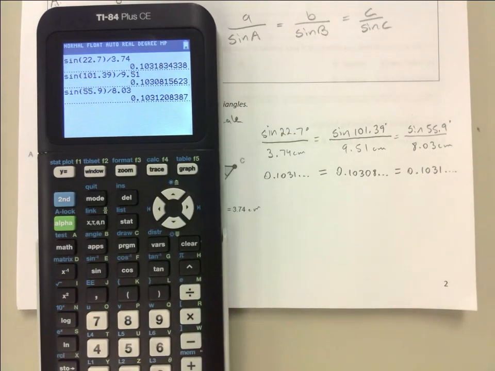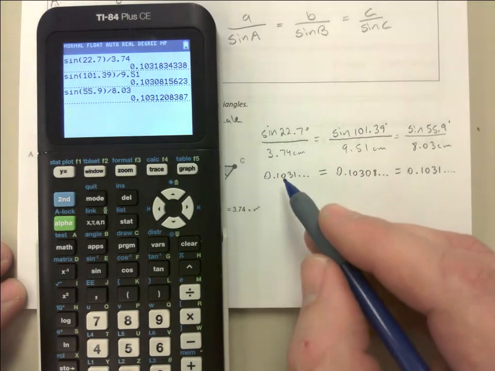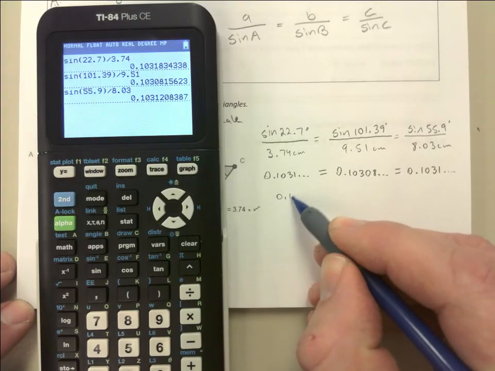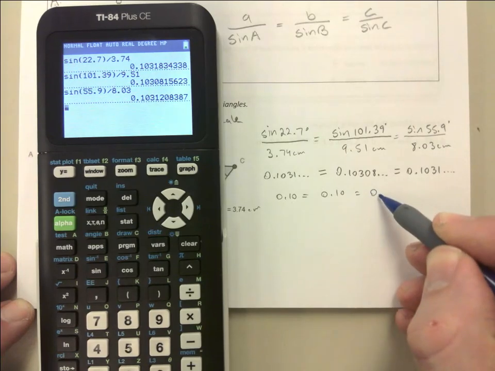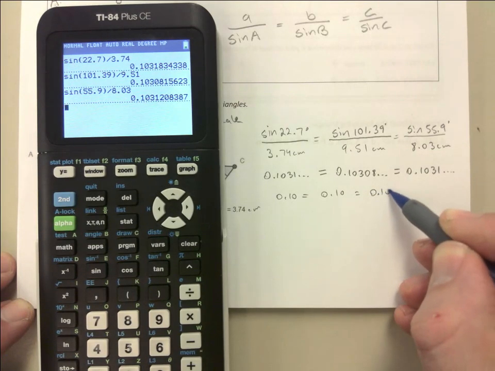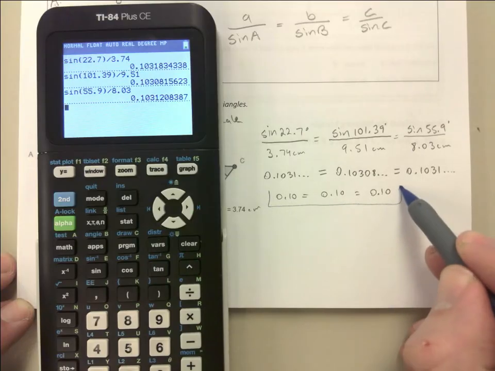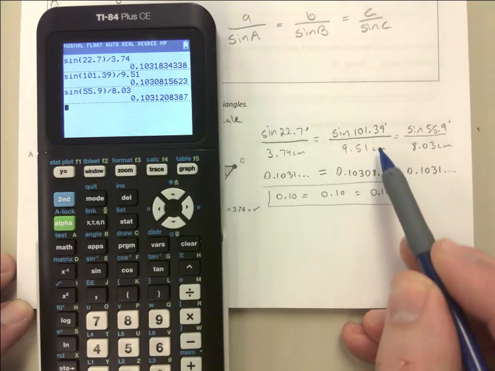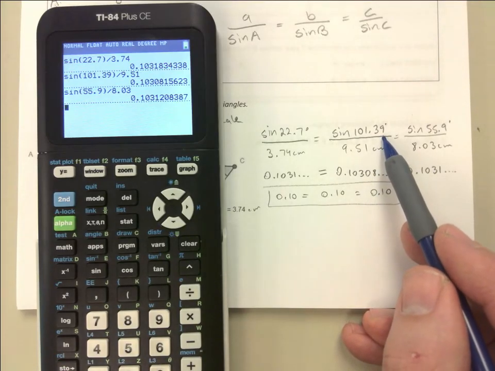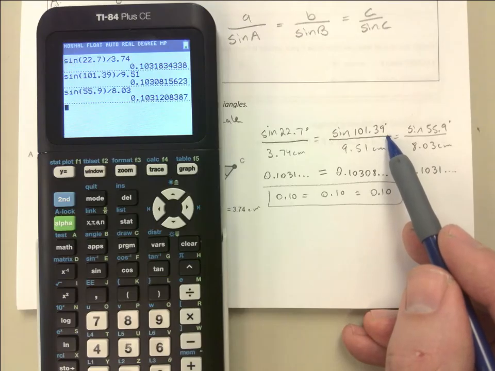If you were to round them all to, let's say, 2 decimals, 0.10 is equal to 0.10, which is equal to 0.10. You'd notice a little bit of a variation, but that's just because we had to round my angles to a certain degree.